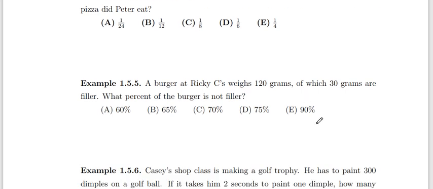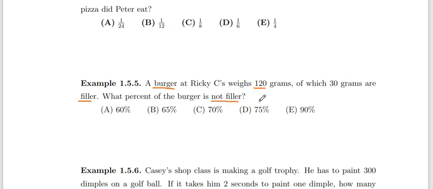Let's check this problem. Okay. A book weighs 120 grams. Among the 120, 30 are filled. So what percentage is not filled?